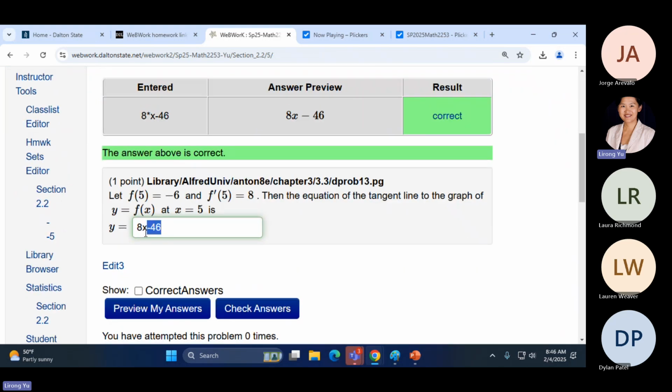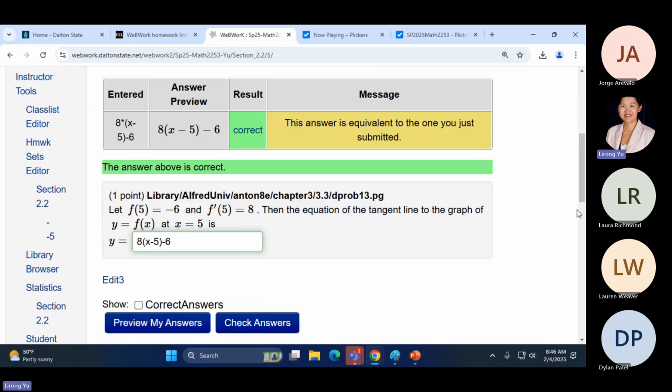Or if you want to write the original way, you can also just write 8 times x minus 5, and then there's minus 6. That is the point slope formula, and it's the same thing. And then it says this is equivalent to the one you just submitted. So basically, both answers are equal to each other. They're just the same thing.